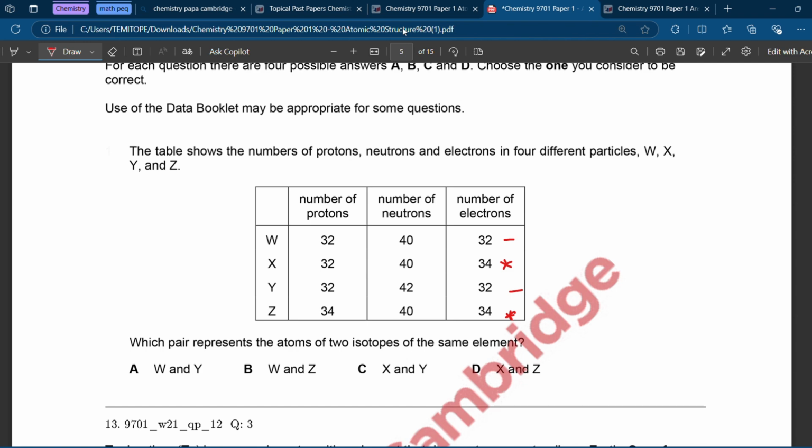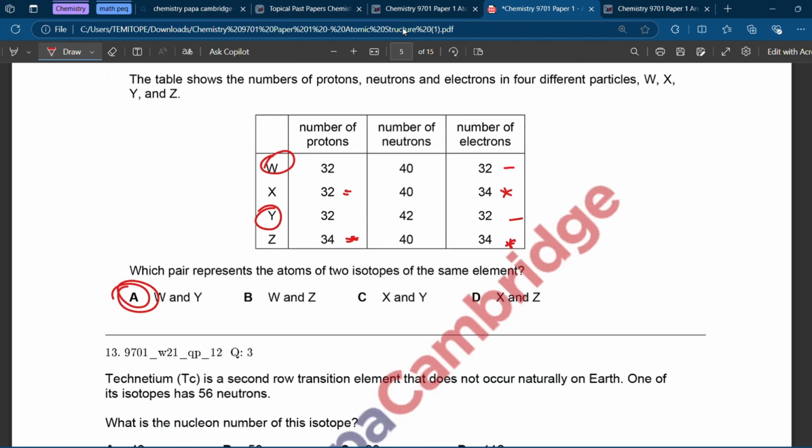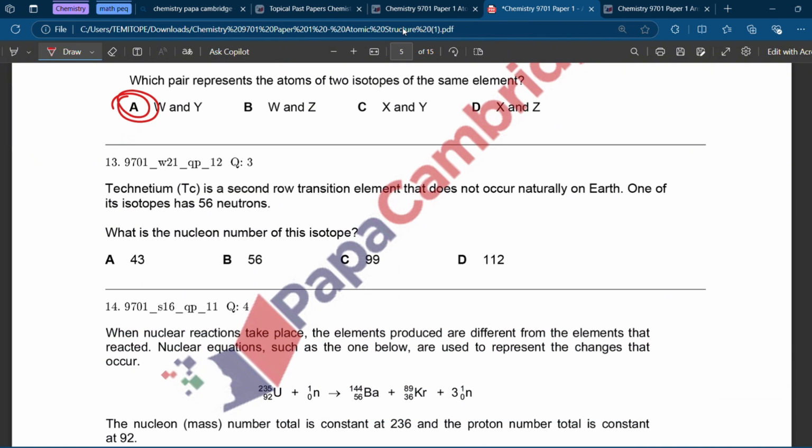Basically you look at it, which number do they have the same number of, electrons, but different of everything else? So you see these two guys have the same number of electrons, but now what is different? So in 34 and this, they still have the same number of neutrons but different number of protons. Good.